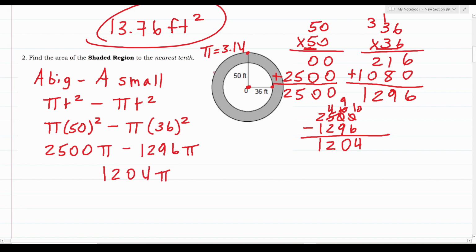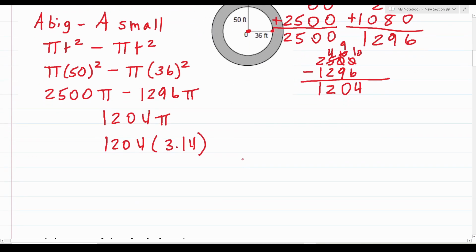And at this point, we're going to substitute 3.14 in for pi. So this becomes 1204 times 3.14. And let's go ahead and work that off to the side now. Again, we have 1204 times 3.14. We want to move the decimal in 3.14 such that 3.14 becomes a whole number.